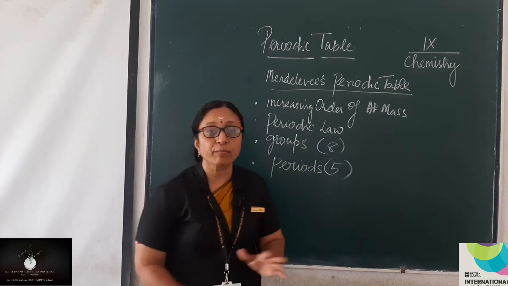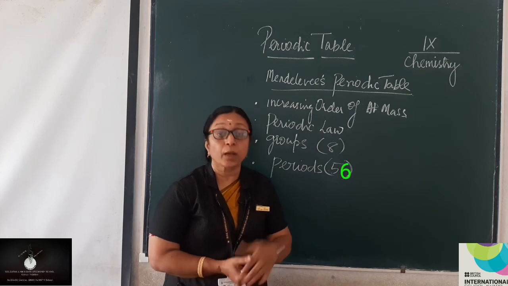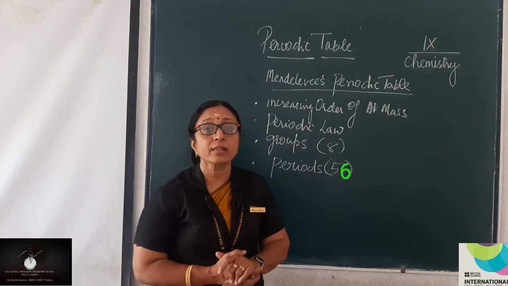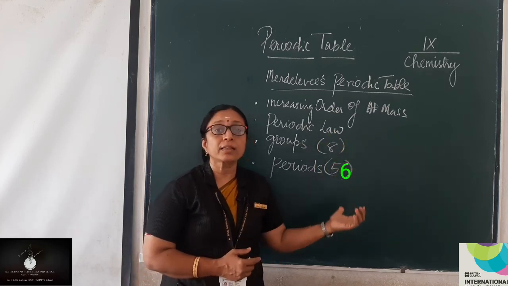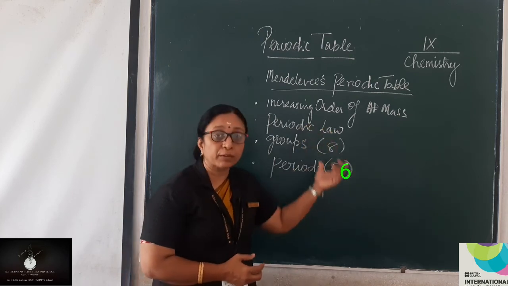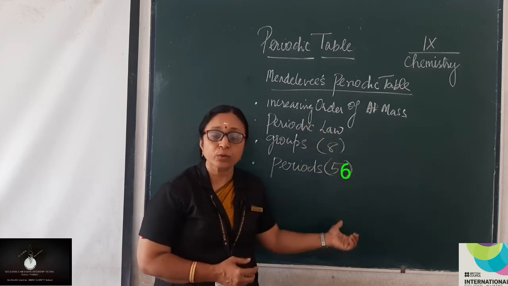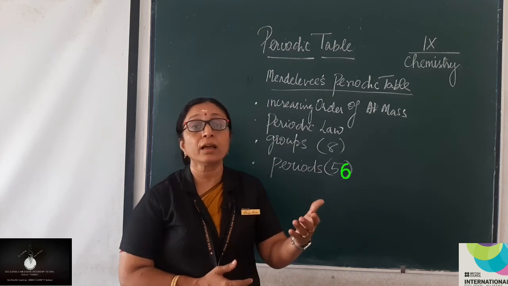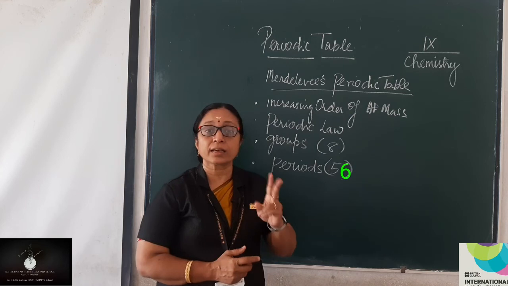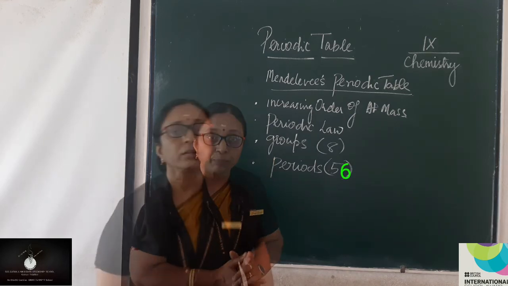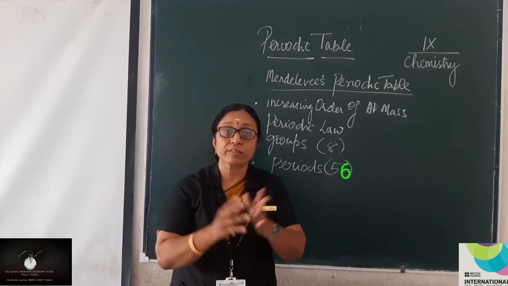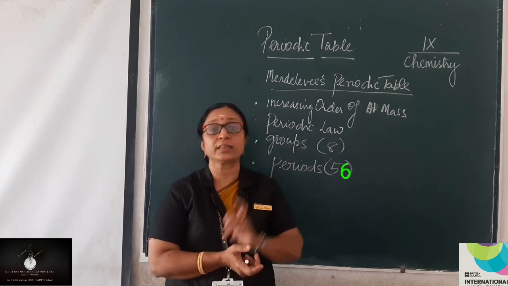What were the merits of Mendeleev's periodic table? When he arranged the elements in increasing order of atomic mass, the elements coming under the same group exhibited similar physical and chemical properties. For example, all the first group elements. So that was the first merit. The second advantage was he redetermined the atomic masses of some elements which were wrongly determined.